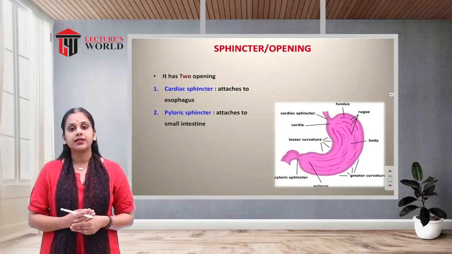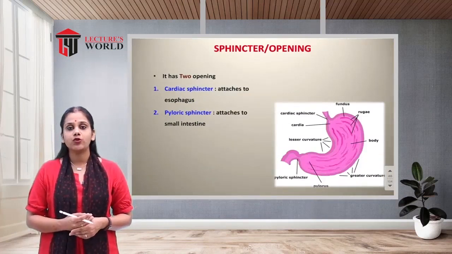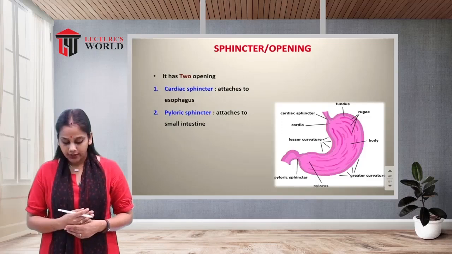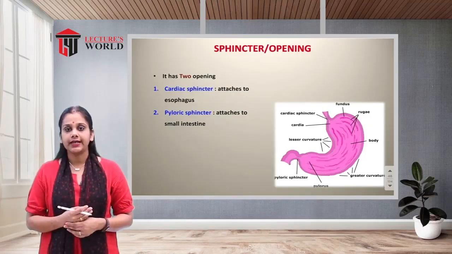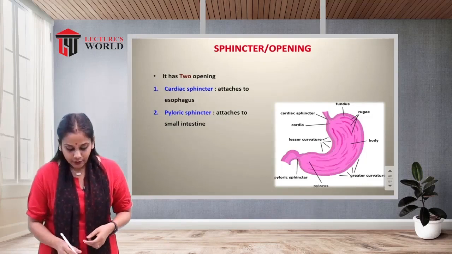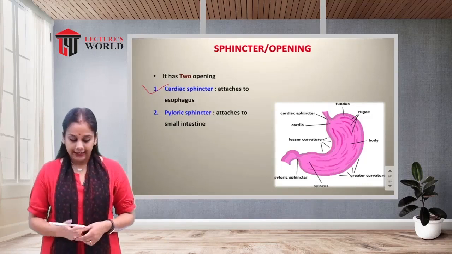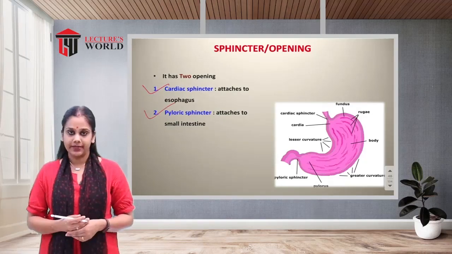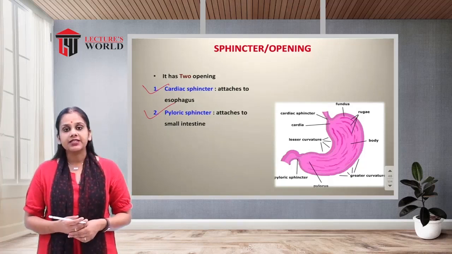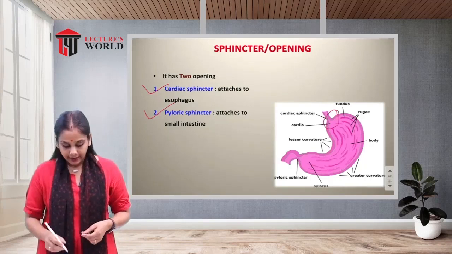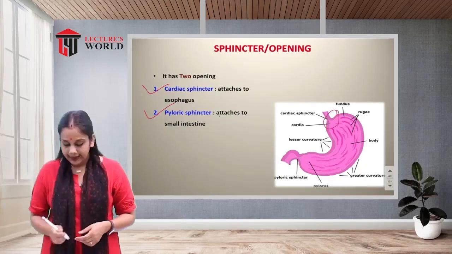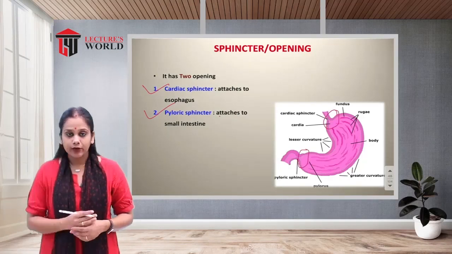Now we will see the sphincter, or we can say opening, which looks like a valve. The stomach has two sphincters: the cardiac sphincter and the pyloric sphincter. The cardiac sphincter is located at the area of the cardia, and the pyloric sphincter is located at the pyloric area.